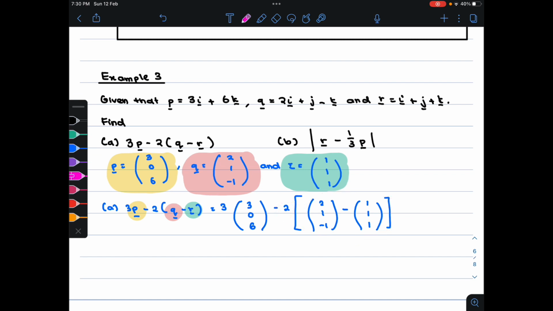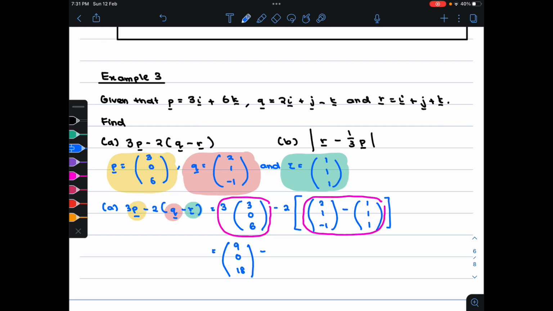Now we're going to simplify 3 times P first. So it means that it is 3 times 3, 3 times 0, and 3 times 6, which is (9, 0, 18). And then I can also simplify Q minus R.